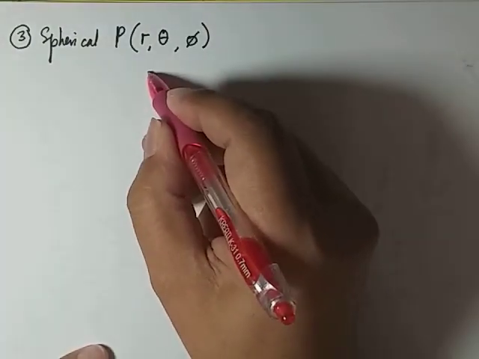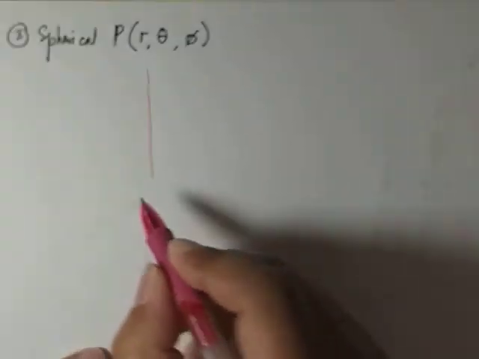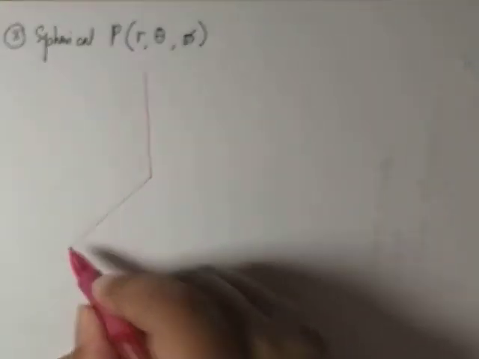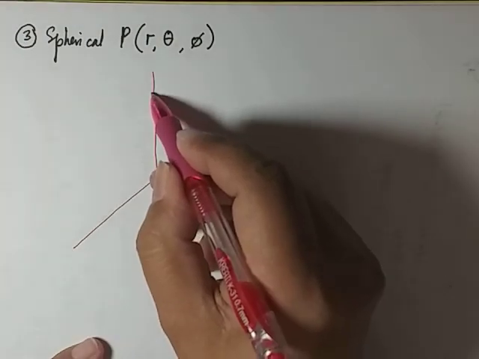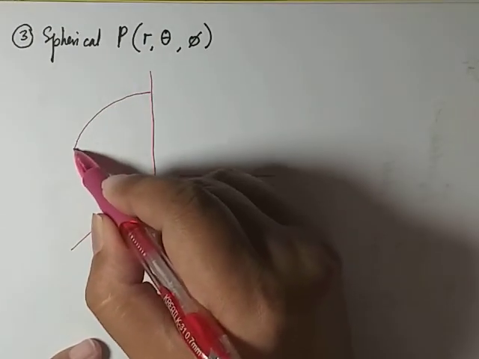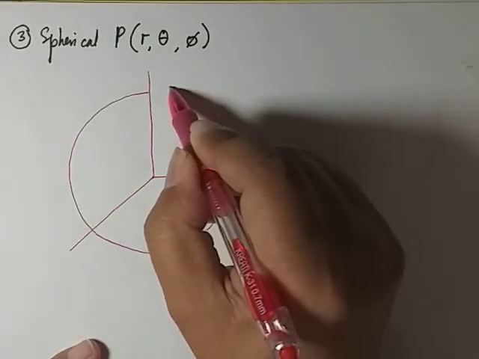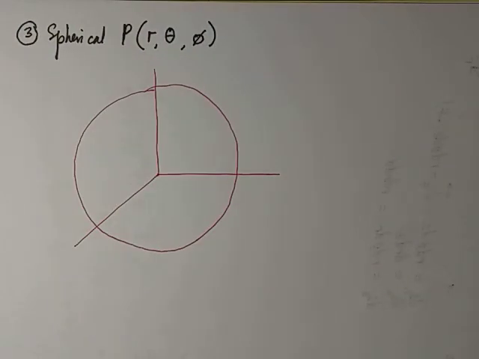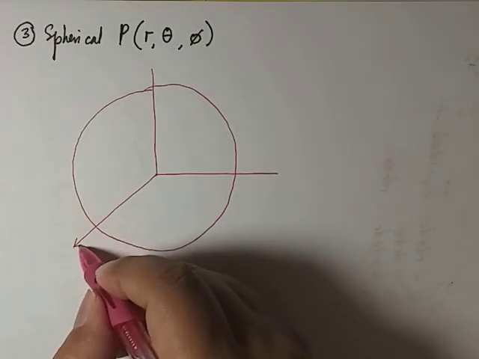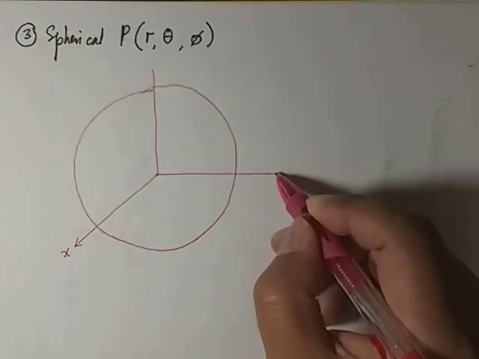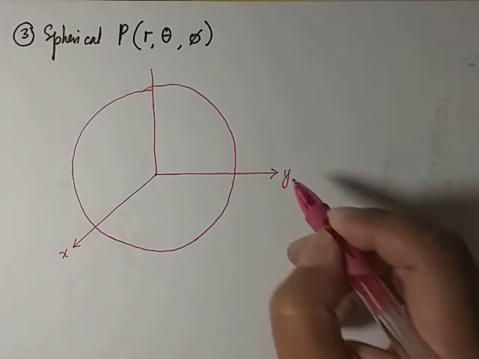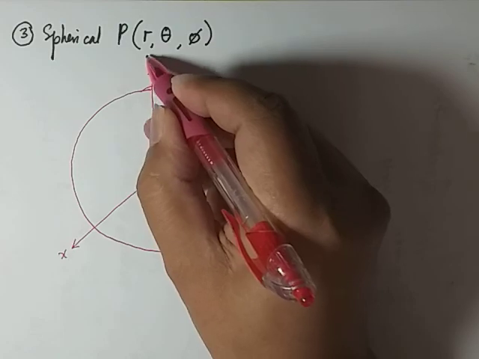So let's draw the position now, using our new coordinate system. I'm going to draw the typical axes that we use in Cartesian. But now, since we are dealing with spherical, we're going to draw a sphere. So that should be our spherical structure. Okay, so this is going to be our x-axis, y, and z.